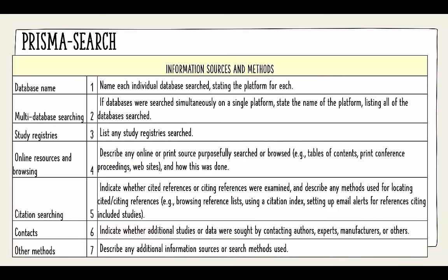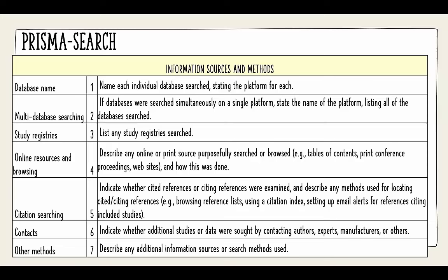Now, when we look at the PRISMA-S search standards, like I said, it has 16 items, and so we see this longer list here. A lot of this is just listing out some specifics about the different things that we saw in the information sources request from PRISMA 2020.